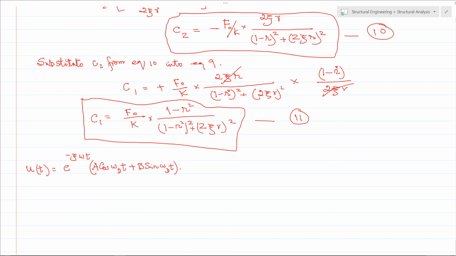This was our complementary solution, and now plus C1 sin omega bar t.